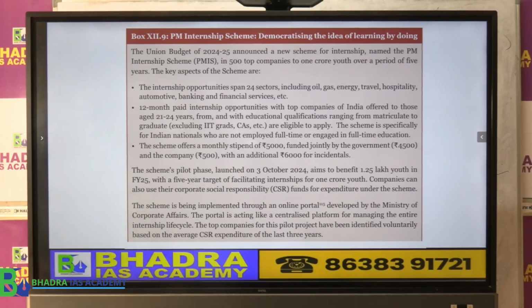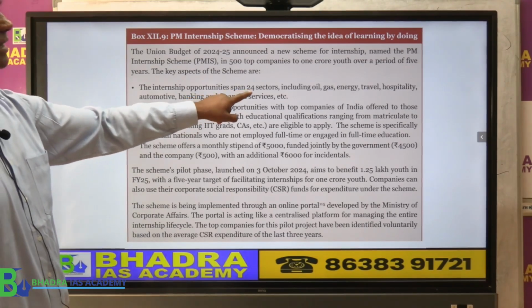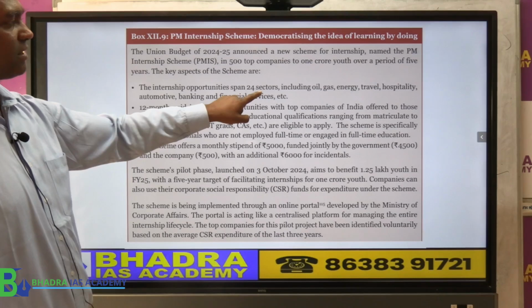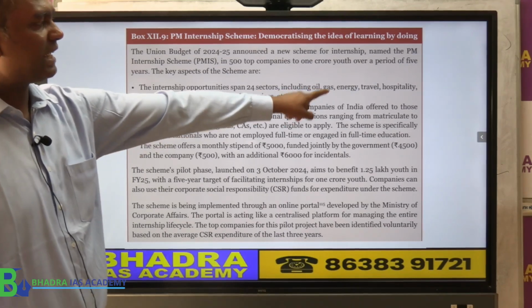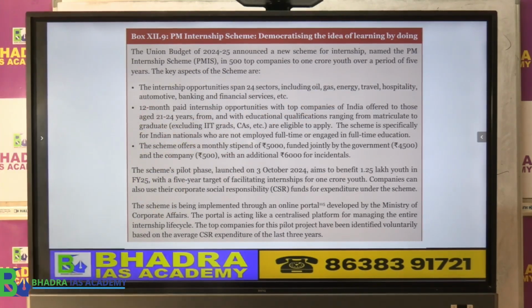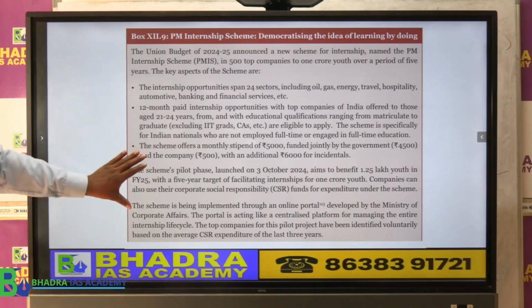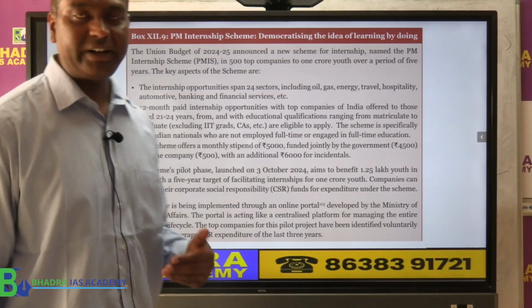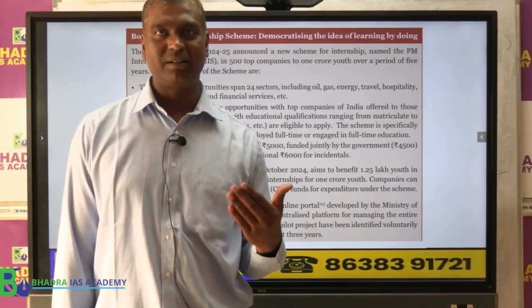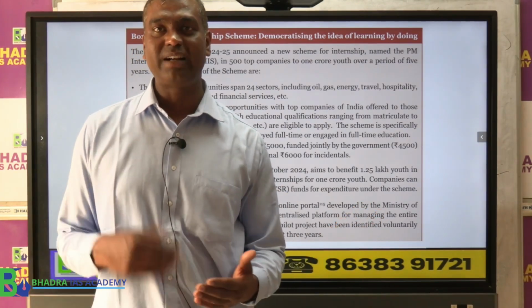This scheme provides training in 24 sectors like oil, gas, energy, travel, hospitality, banking, financial services, etc. Such a scheme will definitely benefit 1 crore people. It's a huge number to provide training.